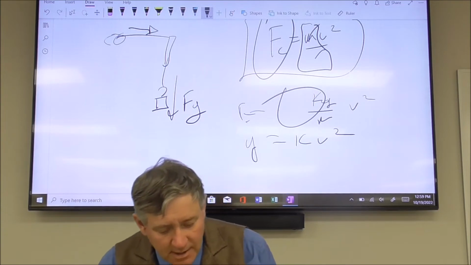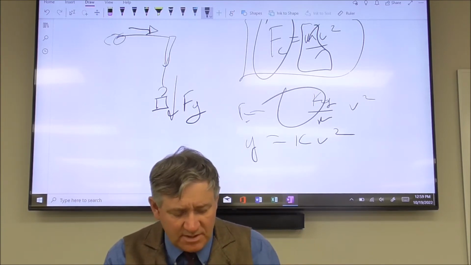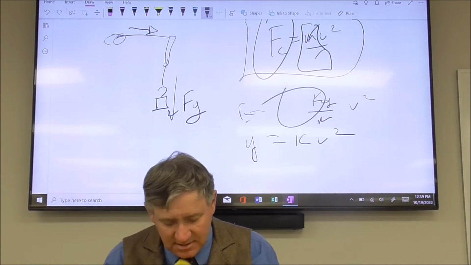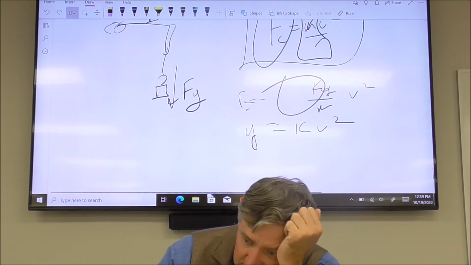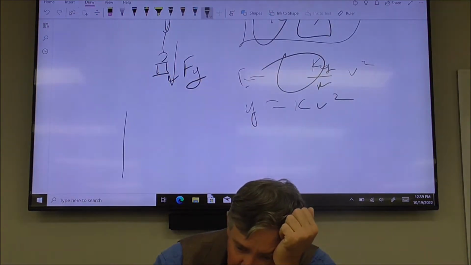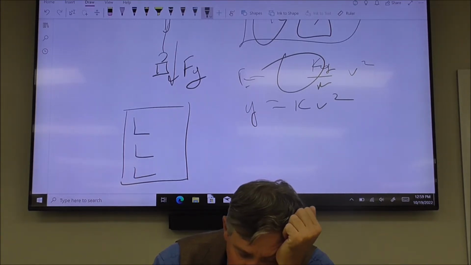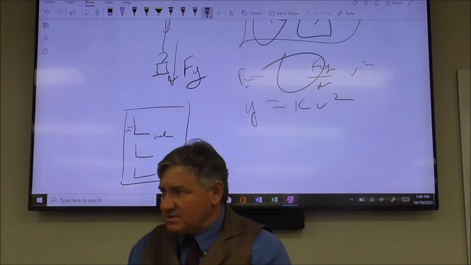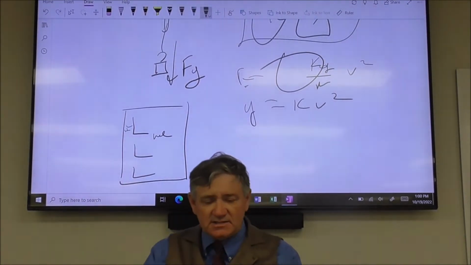Now, when you get to answer these questions on the back side, let's talk about that. The first thing you're going to do is draw 3 different graphs. If you just want to put them all on one sheet of graph paper, you can. The first one, you're going to plot velocity on the x-axis and centripetal force on the y-axis.